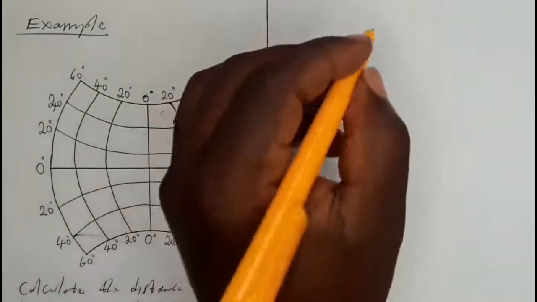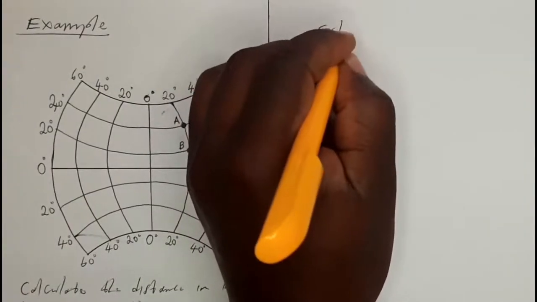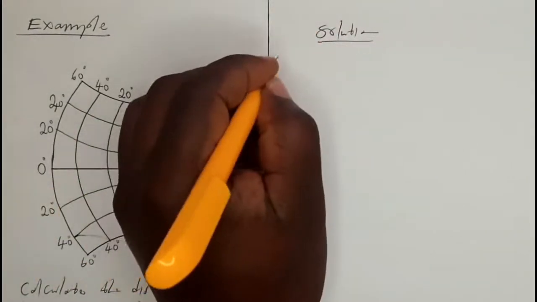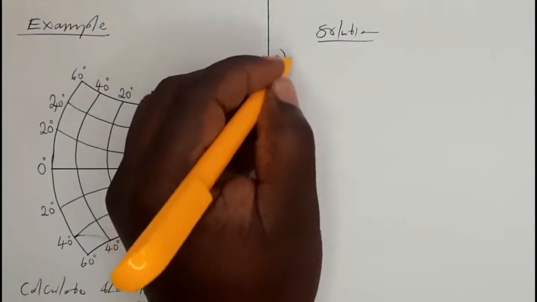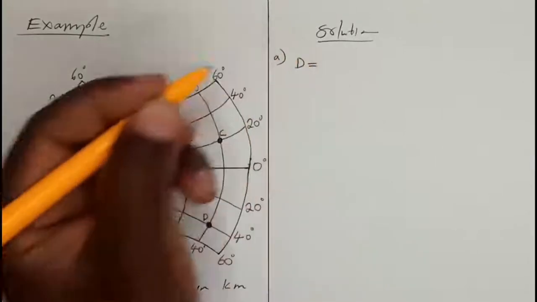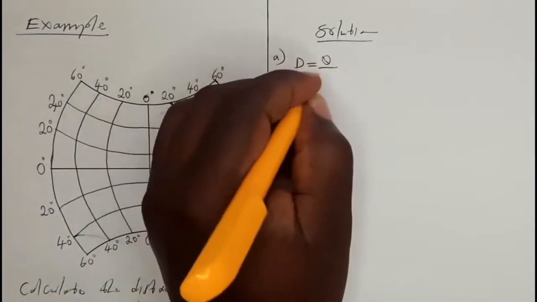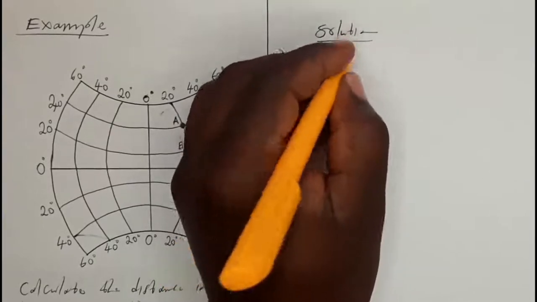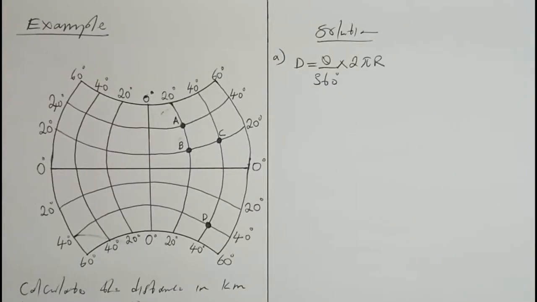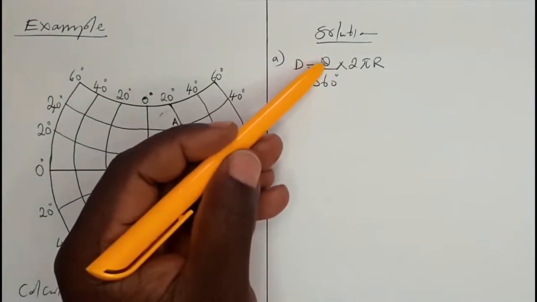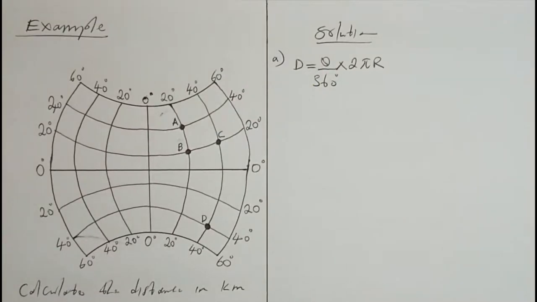Solution. For A, these two are found on the same longitude. If you remember in the previous video, we said when two places are found on the same longitude, the formula used is distance is equal to theta over 360 degrees times 2 pi r, where theta is their difference in latitude.